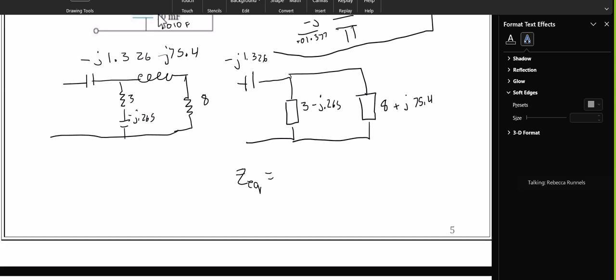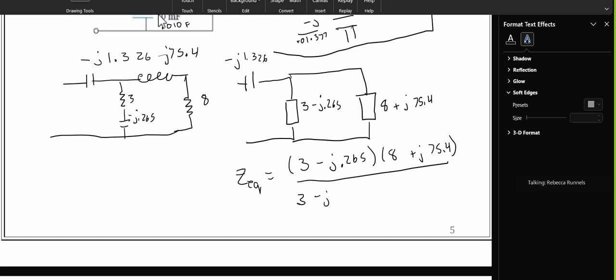So then the two that are in parallel, I can find their equivalent by doing 3 minus j0.265 times 8 plus j75.4 over 3 minus j0.265 plus 8 plus j75.4.